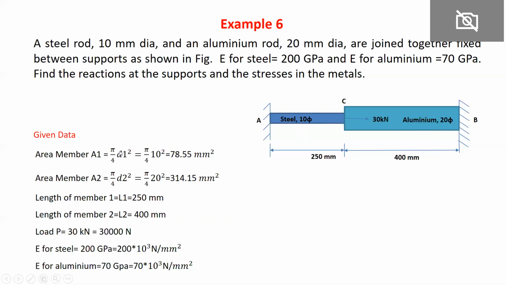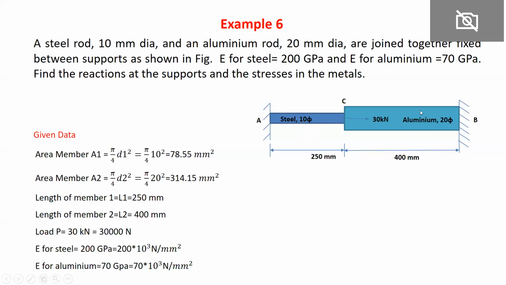Diameter D1 is equal to 10 mm. Along with this given data, I have computed the area. Area of the steel member A1 is equal to pi by 4 into D1 square, which is pi by 4 into 10 square, so this is 78.55 mm square.